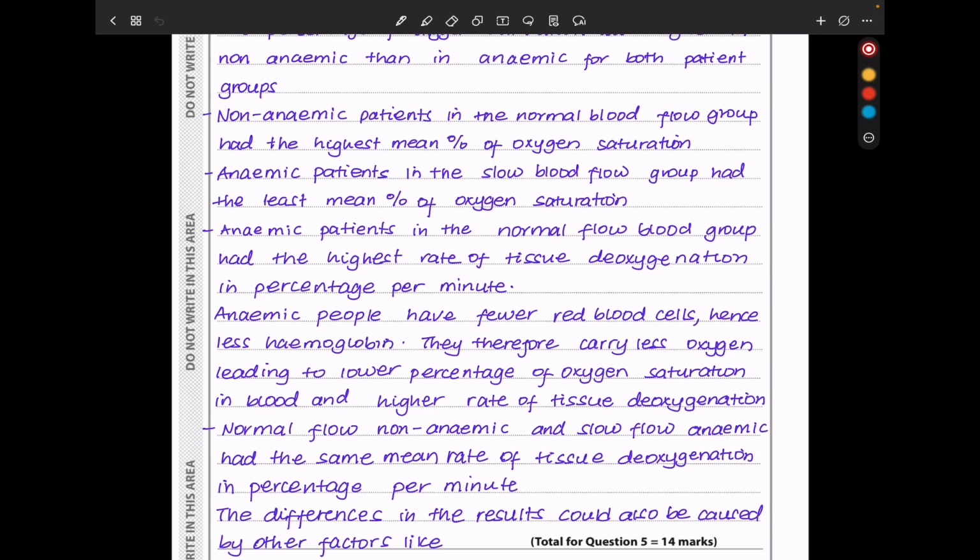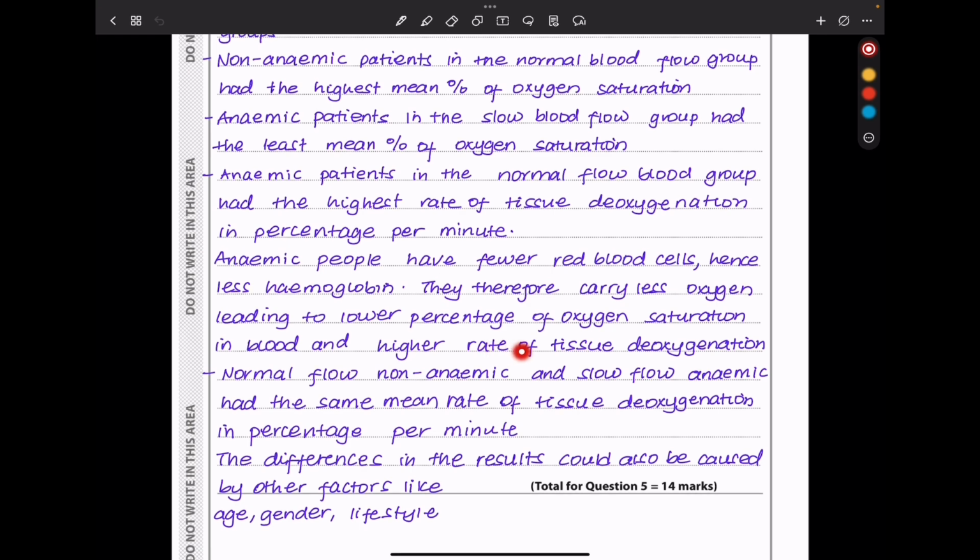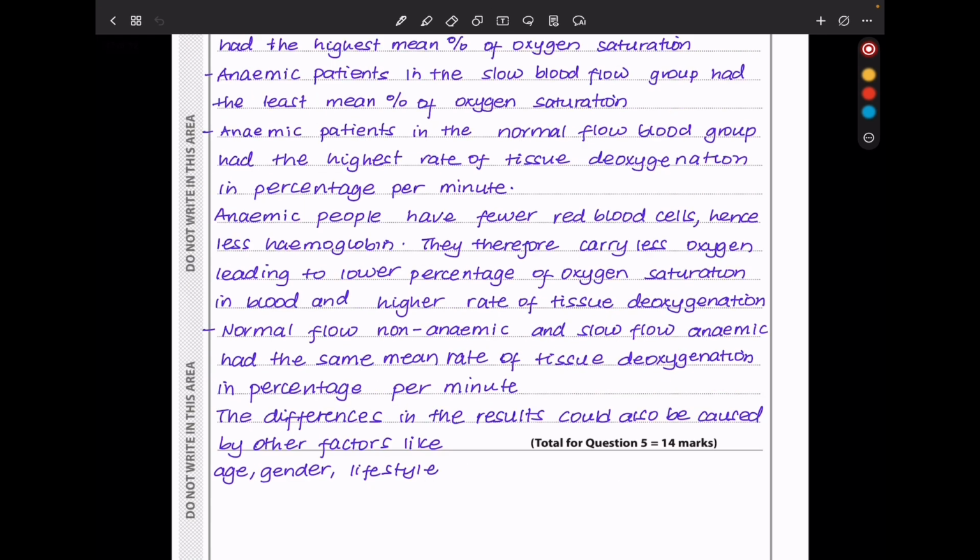And my reason, this is from my knowledge, anemic people have fewer red blood cells, so they have less hemoglobin, and therefore they carry less oxygen, leading to lower percentage of oxygen saturation in their blood and higher rates of tissue deoxygenation. The normal flow non-anemic and slow flow anemic had the same mean rate of tissue deoxygenation in percentage per minute.